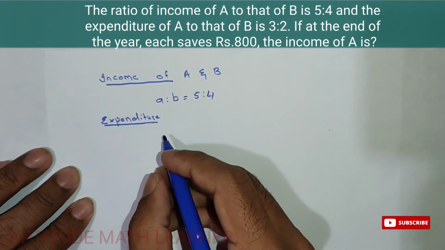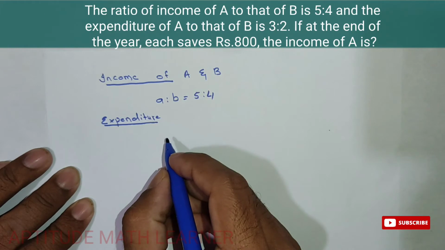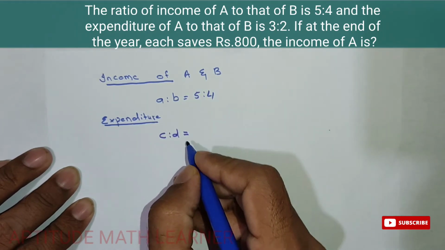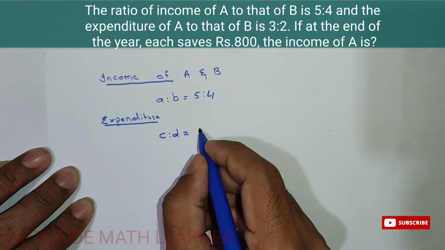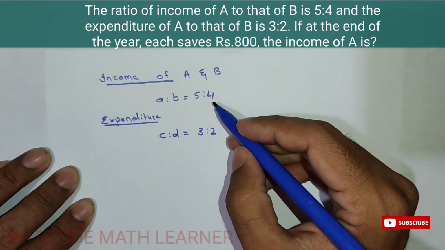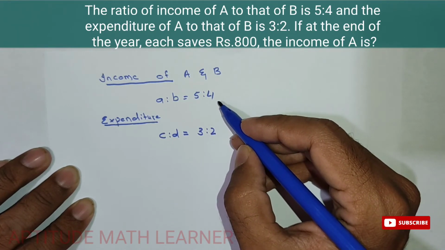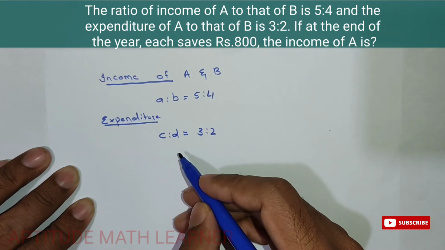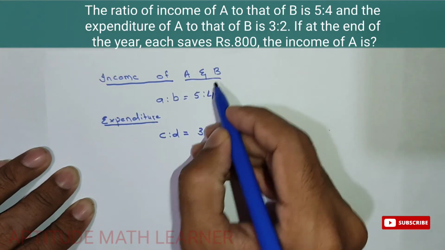And their expenditures are in the ratio, let's take it C:D, and that is 3:2. So these are the incomes, and this C:D is the expenditure of both A and B.